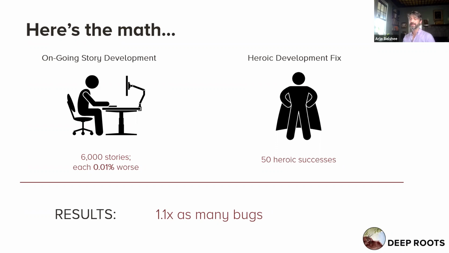That means that 1 in 100 of the bugs that you could create in the future, you create 1 more, for your team, and you have no impact on the rest of the organization. And that will make the total 1/100% worse. The result of those 50 heroic successes is that the next quarter, the company produces 1.1 times as many bugs. And you can compute this for as many quarters as you would like.